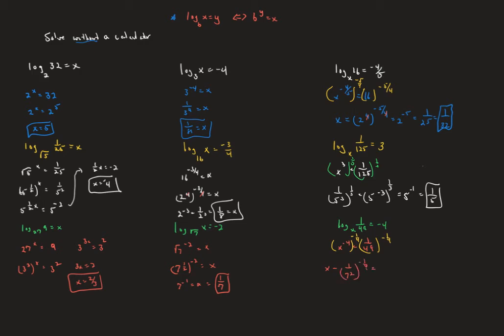And we can write that as 7 to the negative 2, in turn raised to the negative 1/4. Now this isn't great, but the negatives will cancel. The 2 will cancel with the 1/4. So we're going to get 7 to the 1/2. And so we can write that as the square root of 7.